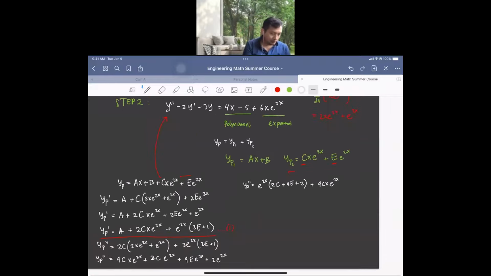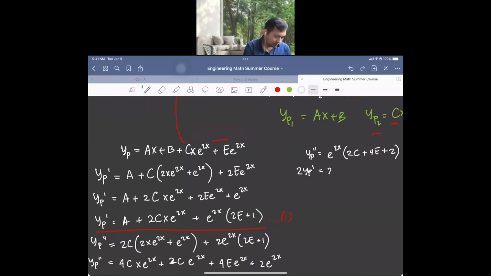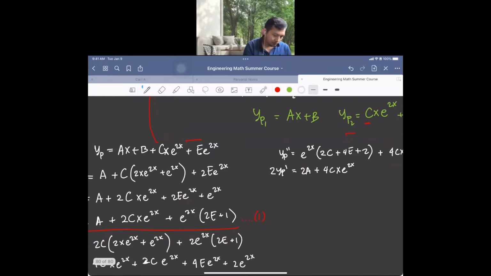Now we input all this. When we write this, it is 2yp prime, and then multiply this one, so 2a plus 4cx e to the 2x plus e to the 2x times 2e plus 1.